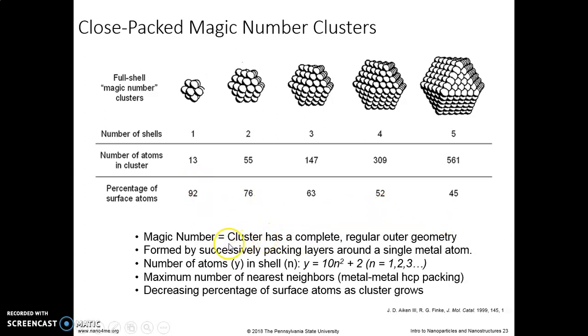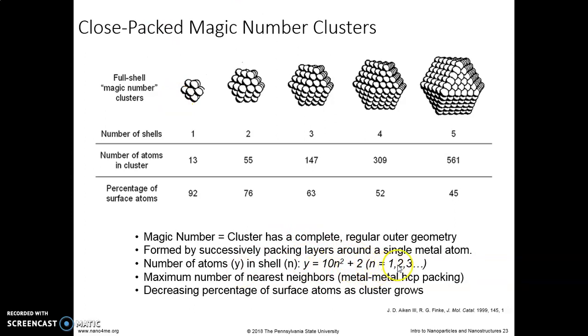I am going to continue this slide. The magic number is nothing but a cluster with a complete and regular outer geometry. Here one relation is given for how to find the number of atoms in a cell: y equals 10 n square plus 2.